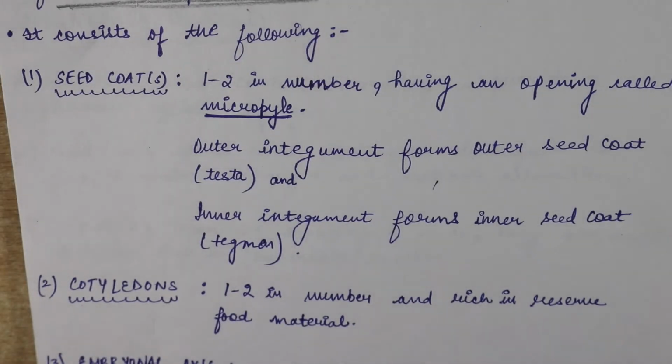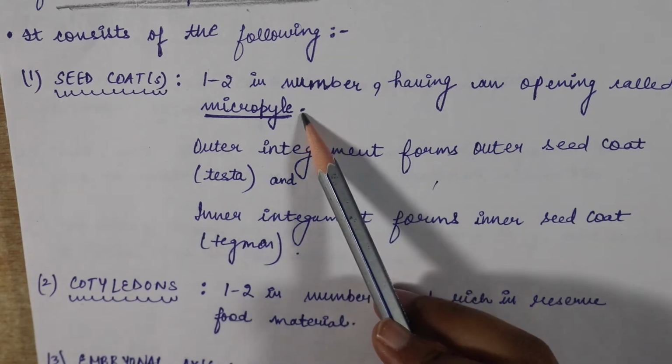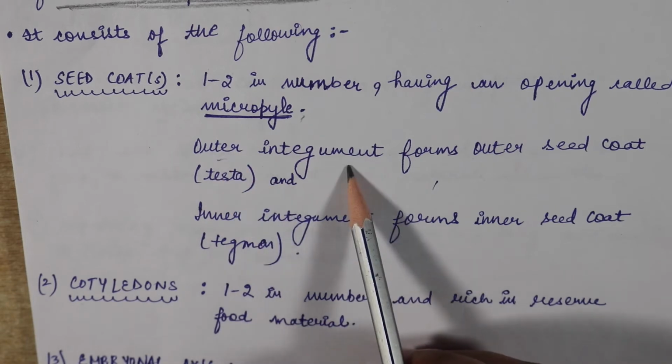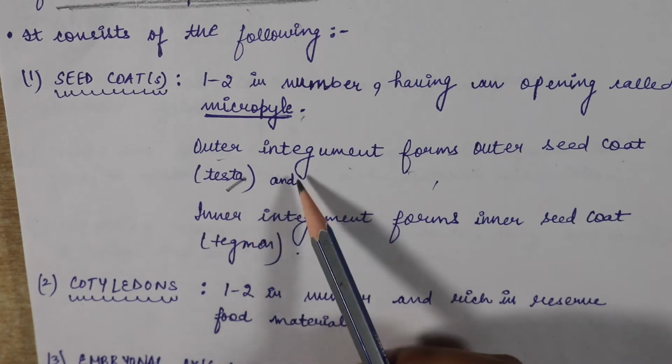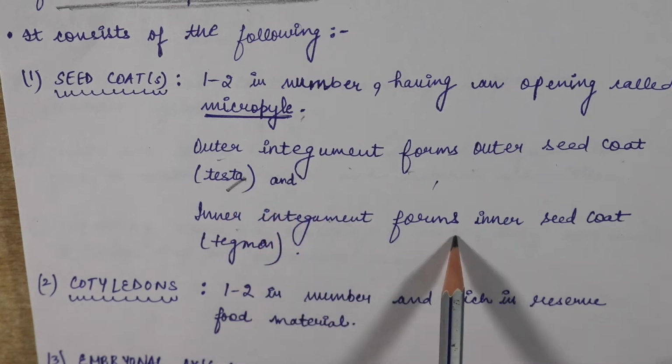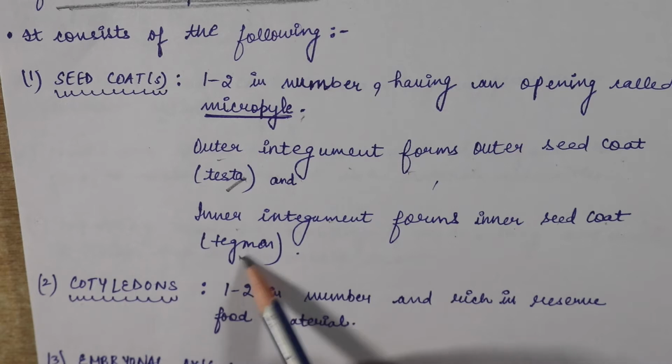First is the seed coat. It is 1 or 2 in number, having an opening called micropyle. The outer integument forms the outer seed coat, that is known as testa, and the inner integument forms the inner seed coat, that is known as tegmen.